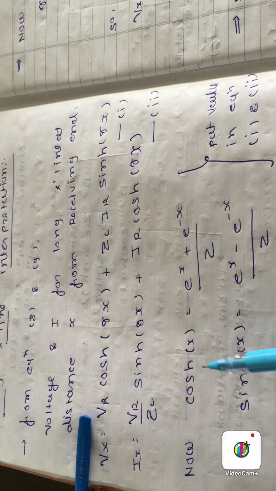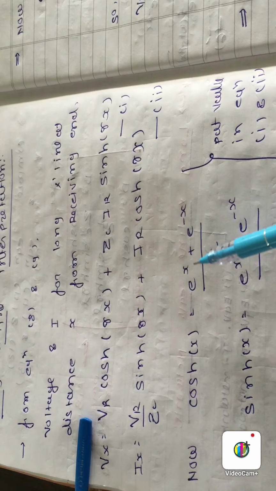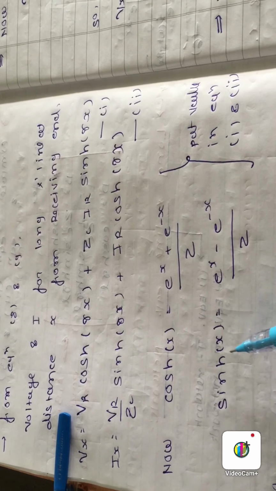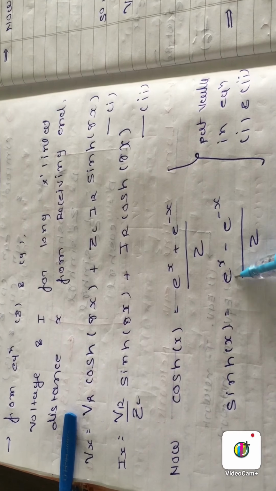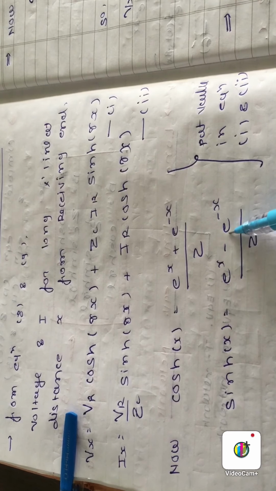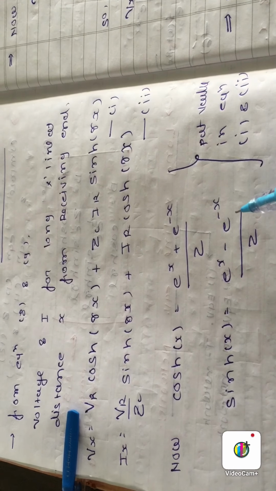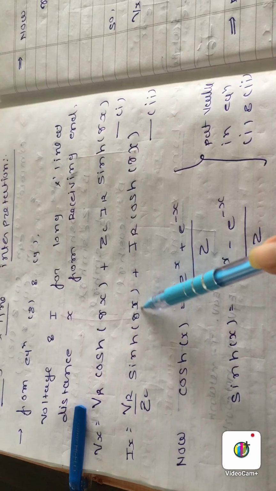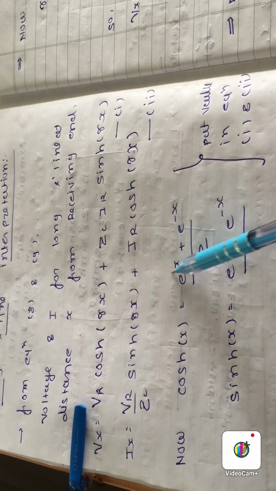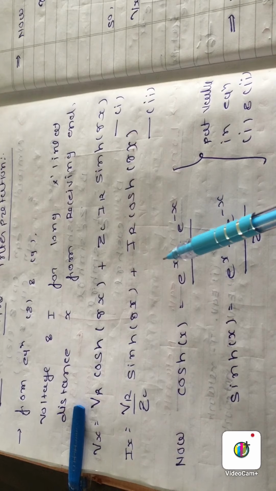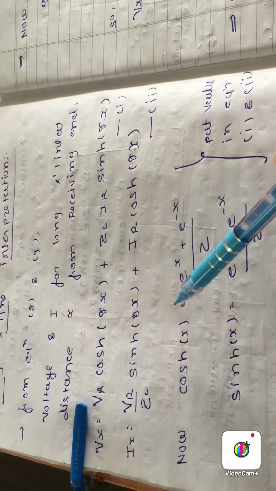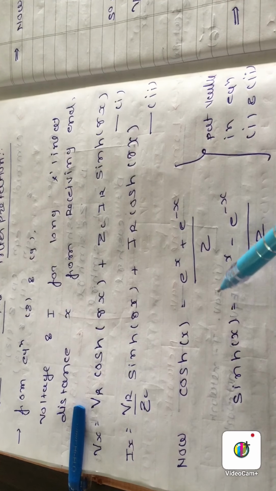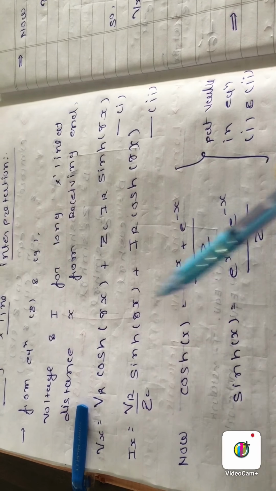The equation for cosh x is equal to e raised to x plus e raised to minus x divided by 2, and for sinh x it is e raised to x minus e raised to minus x divided by 2. Here instead of x we will write gamma x. So we will write cosh gamma x and sinh gamma x in these values and put them into this equation.